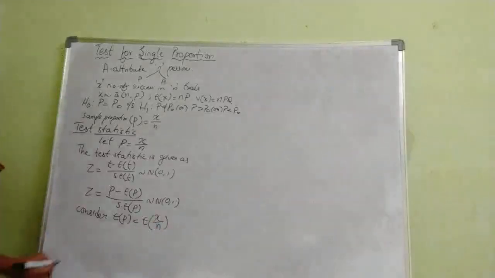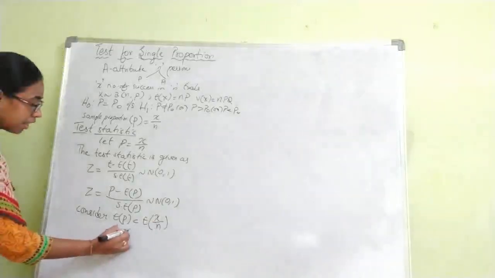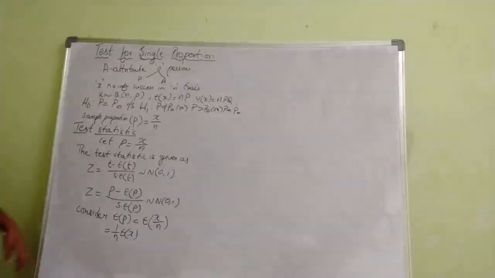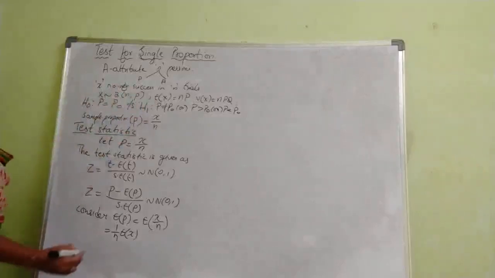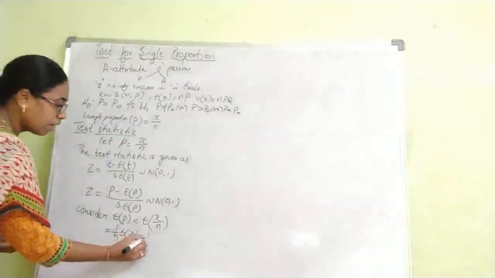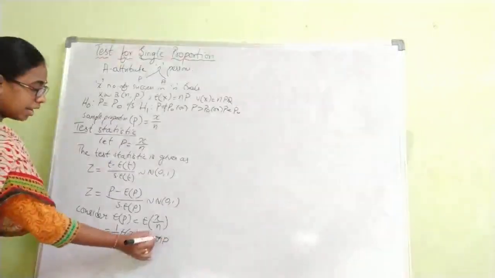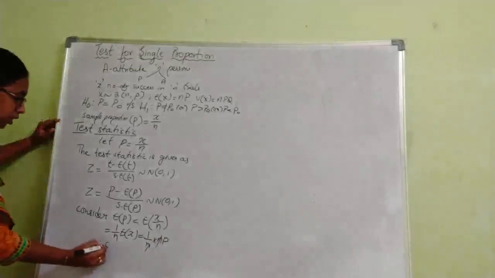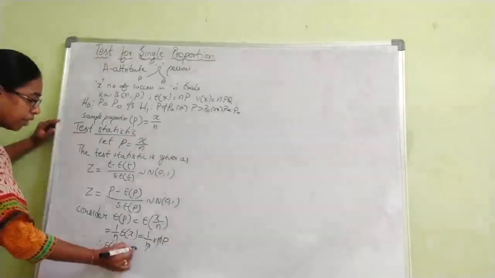Here n is constant, so outside, 1 by n expectation of x. What is the expectation of x? We have np. So substitute it, 1 by n into np, so n and n get cancelled. Therefore expectation of small p equals capital P.